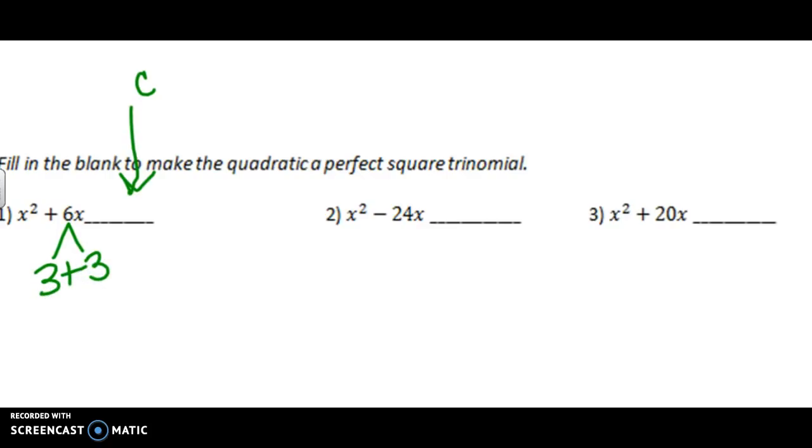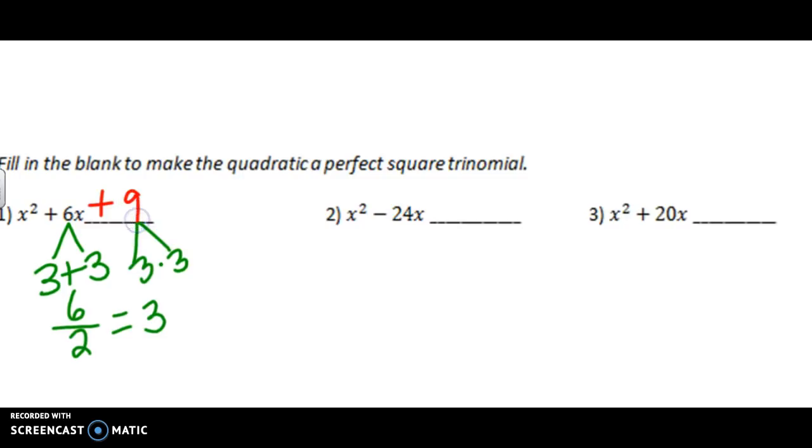Either think of it as 3 plus 3, or you could even do 6 divided by 2, which gives you 3. Now that number, in order to work here for the C component, has to also be multiplied. So this is going to be 3 times 3. So our answer to go in this blank is going to be positive 9.